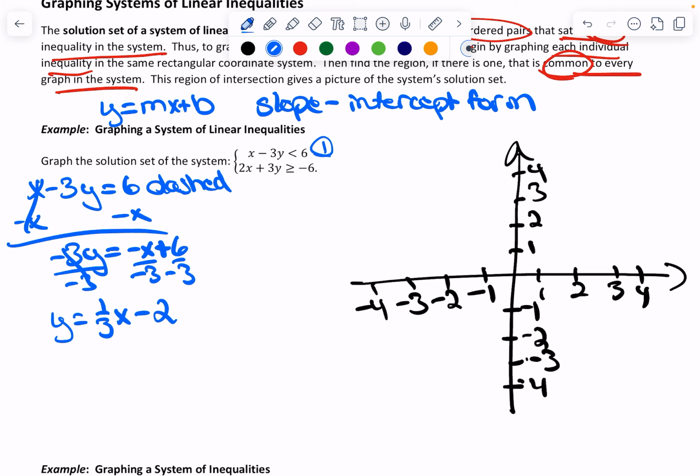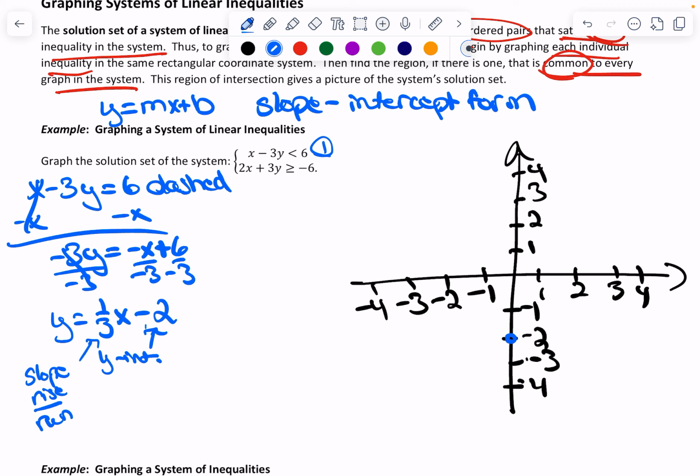Actually, -2, this is my y-intercept. So it's going to be 0, -2 right here. Slope is 1/3. So remember, slope is rise over run. So I'm going to go ahead and it's a positive. So I know it's going up to the right.